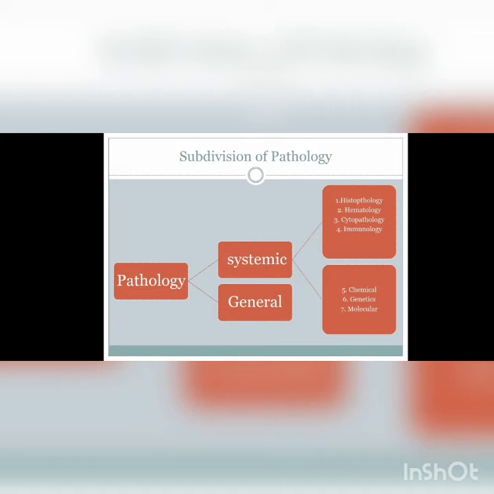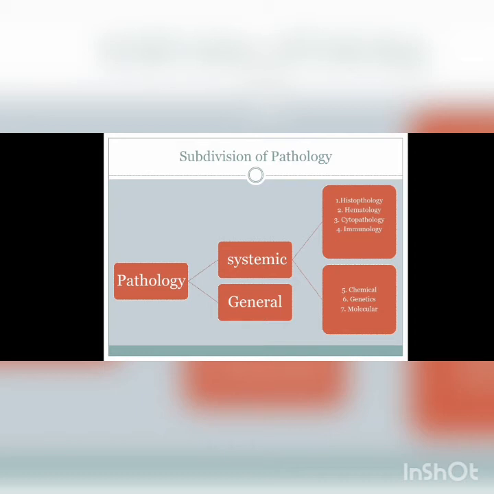Then we come to immunology: the study of abnormalities of specific defense mechanisms of the body is called immunology. Chemical pathology deals with the diagnosis of disease by analyzing the chemical changes in the body and the body fluids. Now, what is genetics? It is the study of abnormalities in the chromosomes and genes to find out inheritance of the disease.